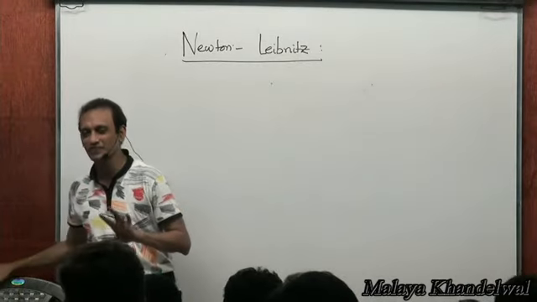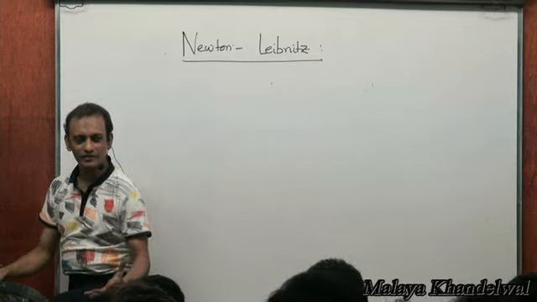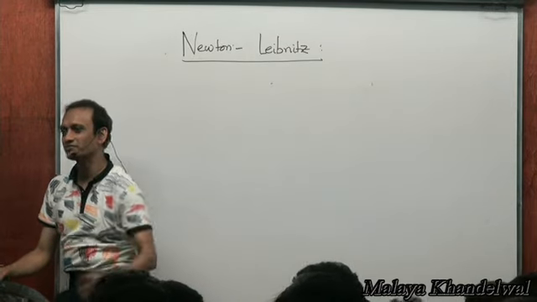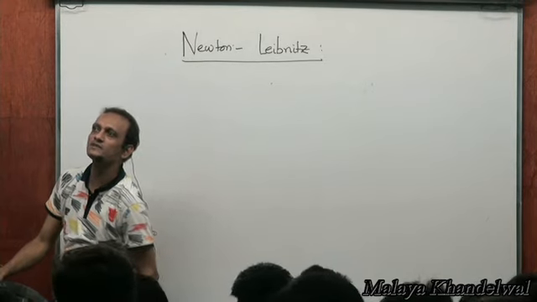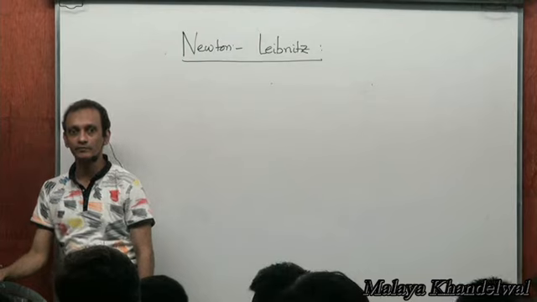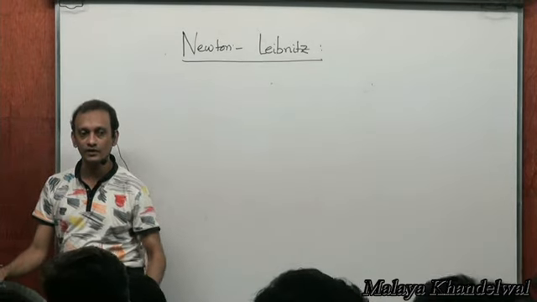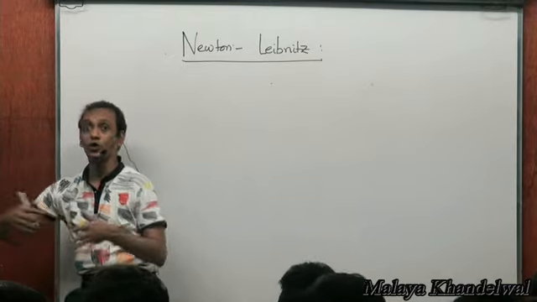The fellow must have been God, Newton. He is there just about everywhere. The only sphere where I don't find Newton is number theory, where it is predominantly Euler and Gauss.